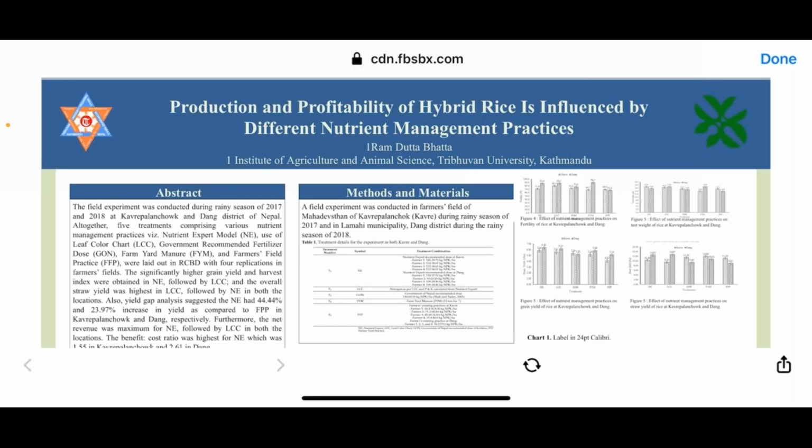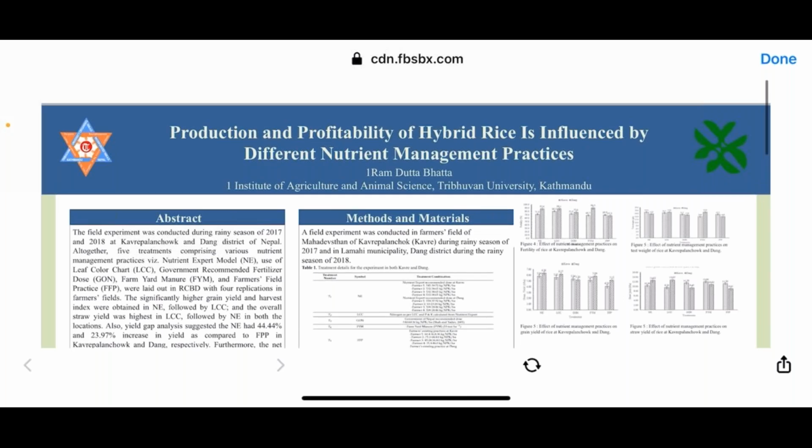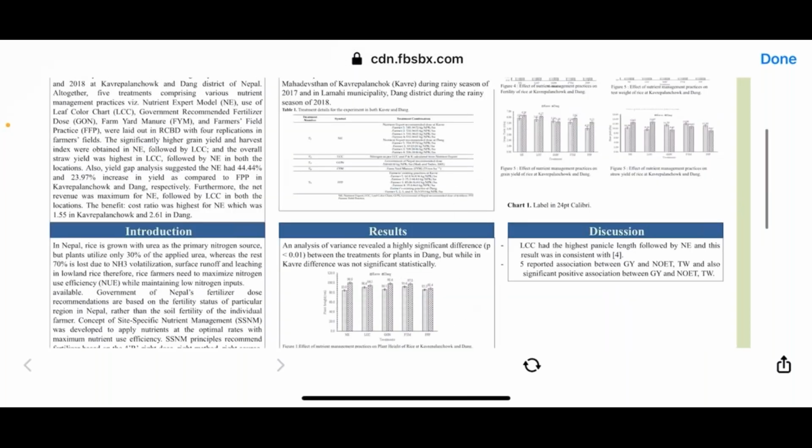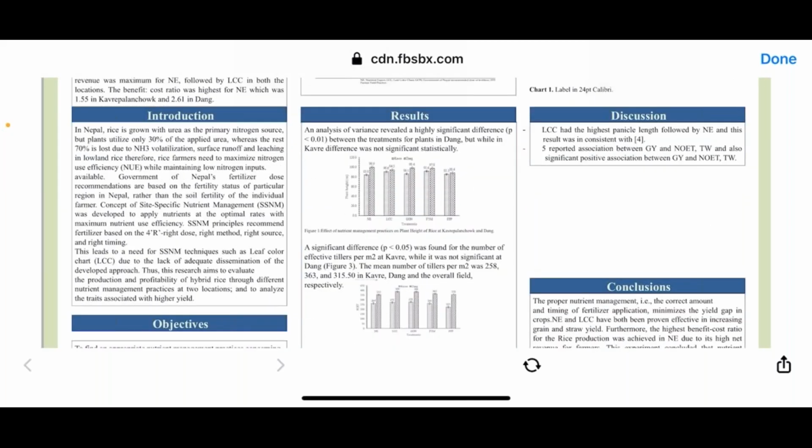Now, the results and discussion part. Plant height analysis of variance revealed a highly significant difference between the treatments for plants in Dang, while in the other district, Kavre, the difference was not statistically significant.